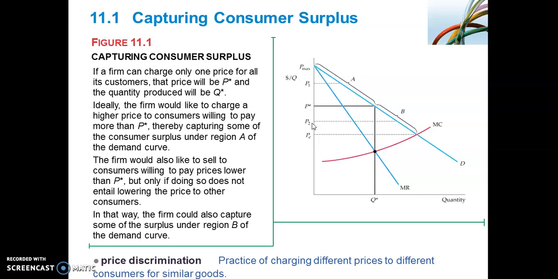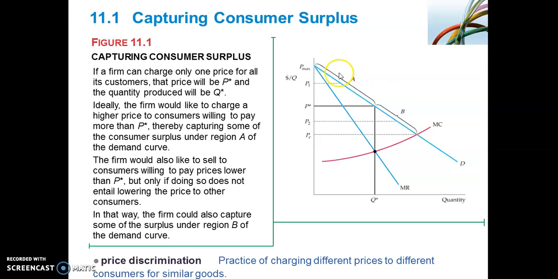So how can producers capture some extra consumer surplus, bearing in mind that here we had a single price, but there are some customers that would be willing to pay a higher price, and also customers that would be willing to pay a lower price. The firm could thus charge different prices to different consumers.